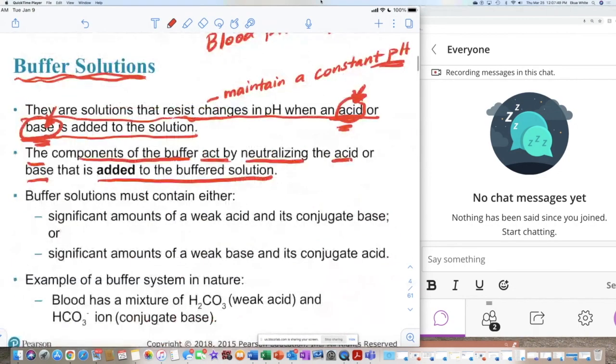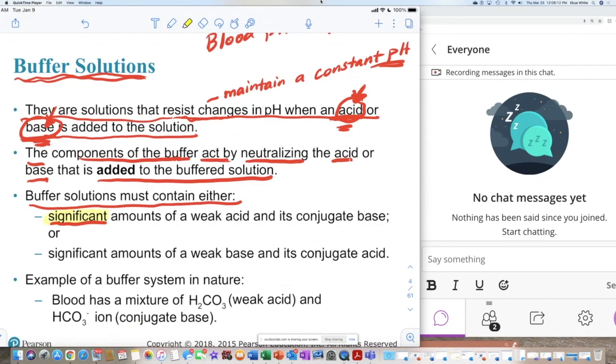So this is how they act. Buffer solution must contain either. So this is the ingredients, right? Not the step-by-step ingredient, but kind of the gist of it. You must have significant. And this word significant here is very important. For the chemical to neutralize and to neutralize for a long time, there must be enough chemical.